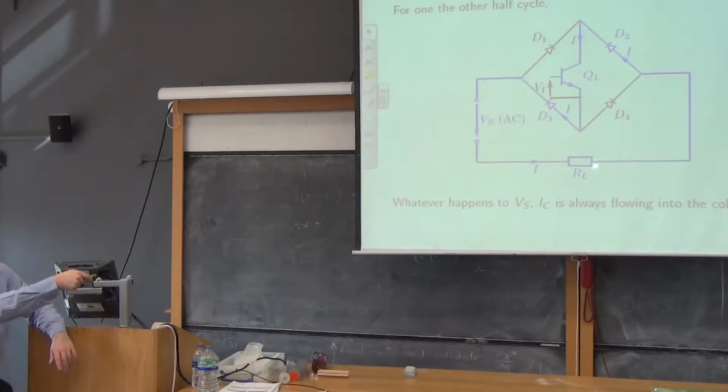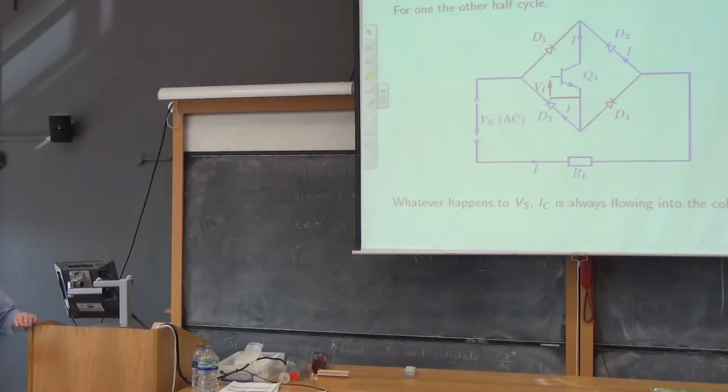We have current flowing through the load, left to right, up the page, along here, through this now D2 forward biased diode, downwards through the transistor, which is the same as before, through D3, which is forward biased, and back into the source. And you can also show that D1 and D4 are reverse biased in this situation. So this current here is always down the page, this current here flips backwards and forth according to input signal.